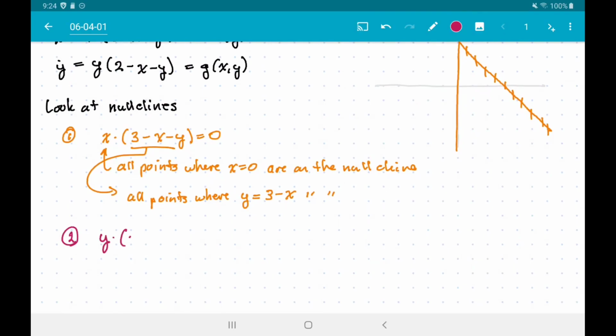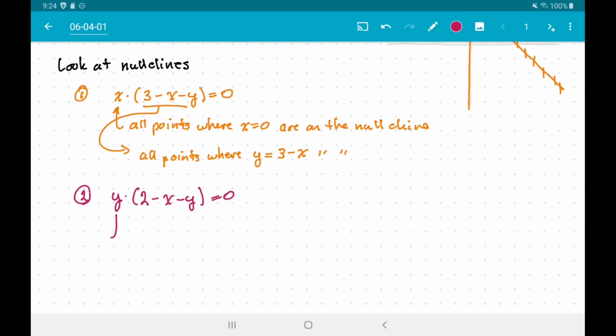Look at y times (2 minus x minus y) equals 0. So now again, we've got a factor that tells us all points where y equals 0 and all points where y equals 2 minus x.